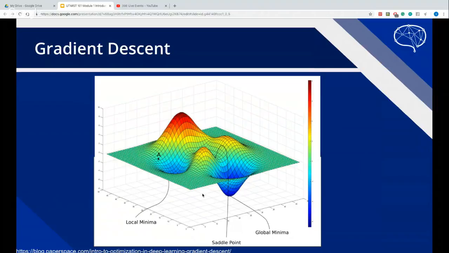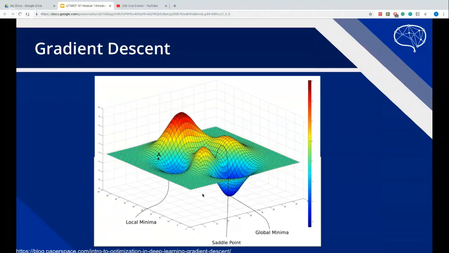What if we initialize our weight such that our start point is at A right here? Can you see that point right there? If we initialize our parameter such that the first point is at A, then gradient descent will just settle into that local minima, and we don't find the global minima because we don't know what the function looks like.